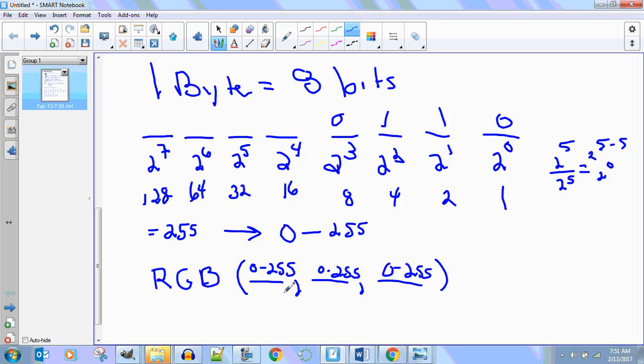Guess how many bytes we need to do an RGB? I need 3 bytes. I need 8 dashes to do the red, 8 dashes to do the green, and 8 dashes to figure out the blue color. Are you with me on that?